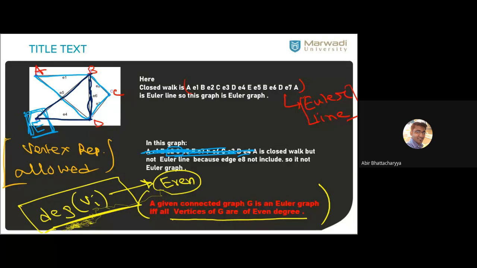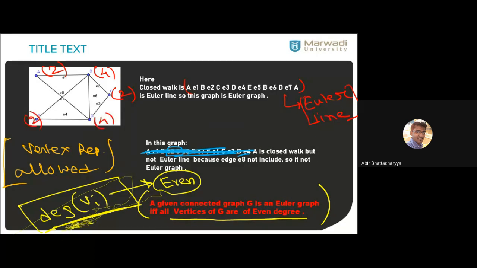If you follow this graph, what is the degree of all vertices? Degree of A is 2, degree of B is 4, degree of C is 2, degree of D is 4, and degree of E is 2.